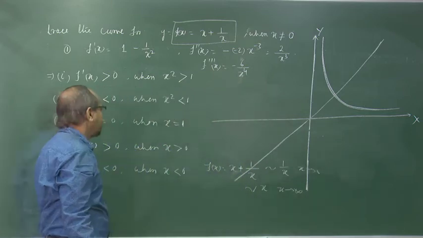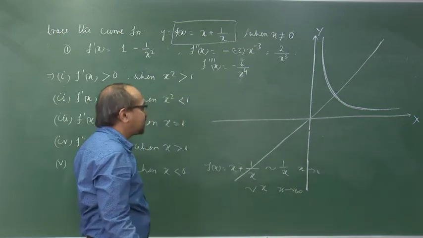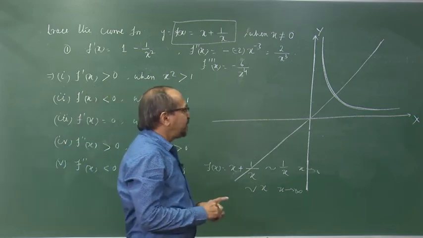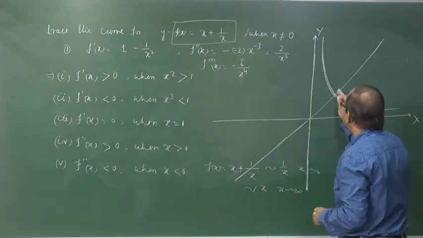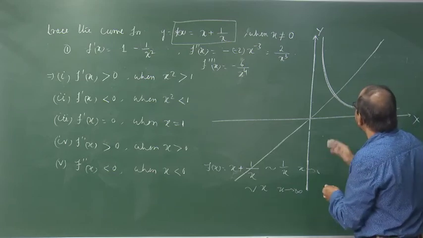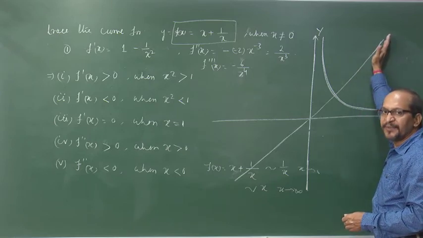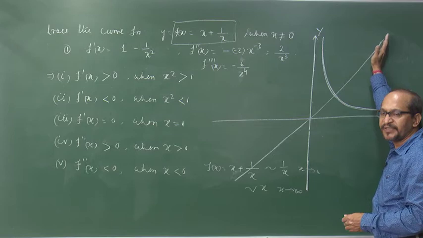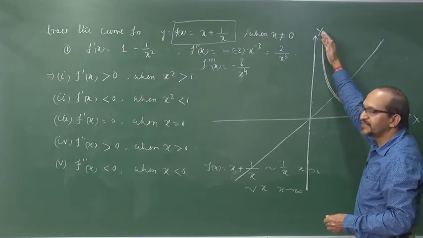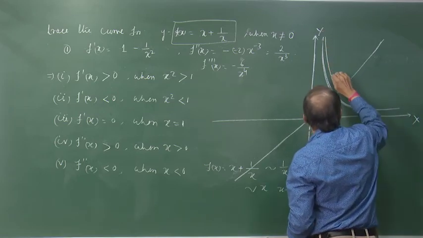Okay. At x is equal to 1, the first derivative is 0. So, here we have got a minima. So, you see from here onwards, as x is increasing, the function is approaching this straight line f of x is equal to x, because this is dominating. When x is approaching towards 0, the function is tending towards this 1 by x curve. So, the curve will be like this.